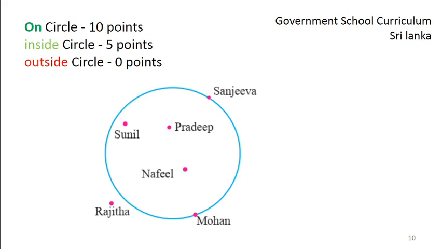In the first turn, Mohan got 10 points. Now in the next turn, he might get 10, 5 or 0. In the last turn, he might get 10, 5 or 0.